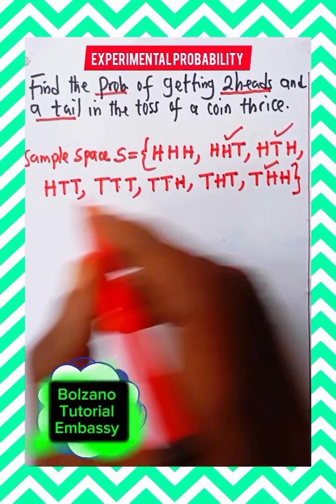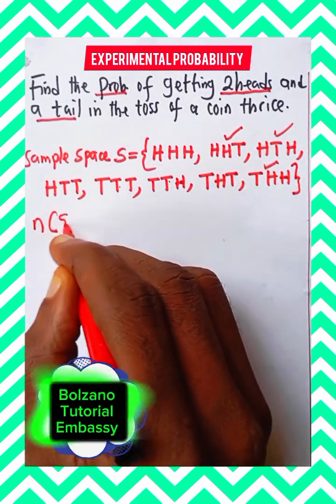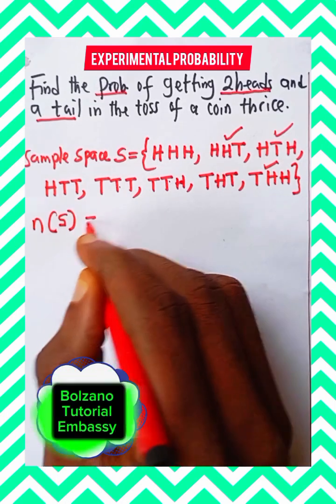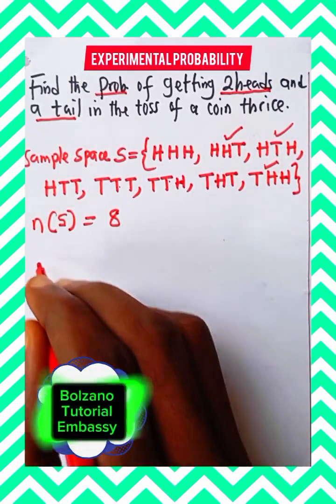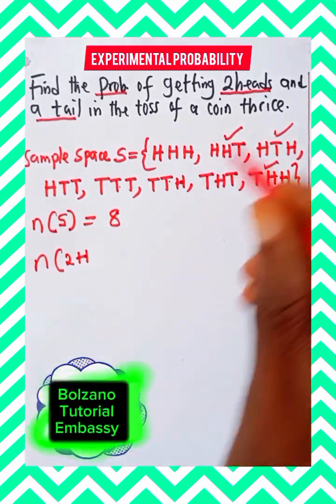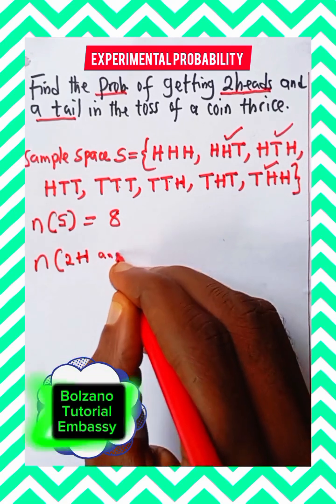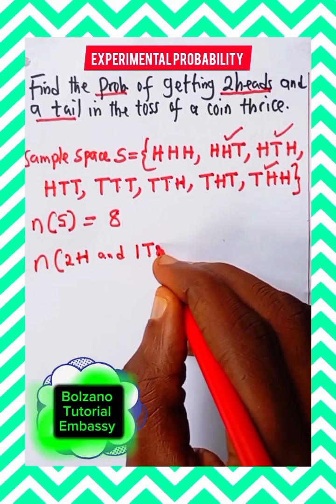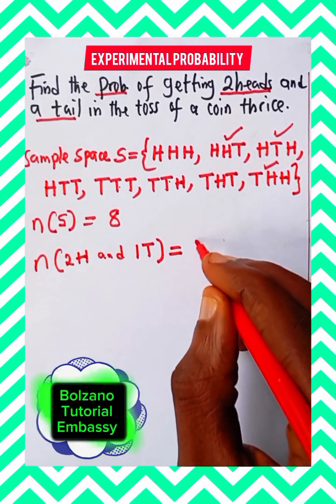Now, from the total outcome, the number in the sample space, there are 8 possible outcomes. Then the number of 2 heads and 1 tail, because we have to find 2 heads and 1 tail appearing. So how many 2 heads and 1 tails do we have? Let's write them out.